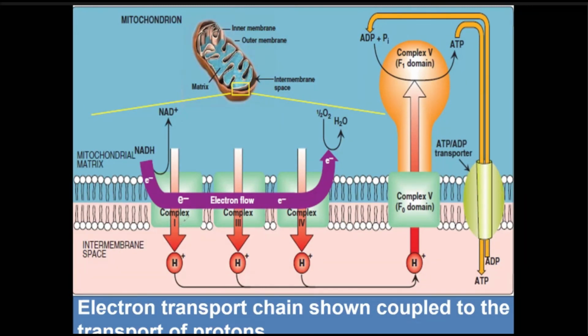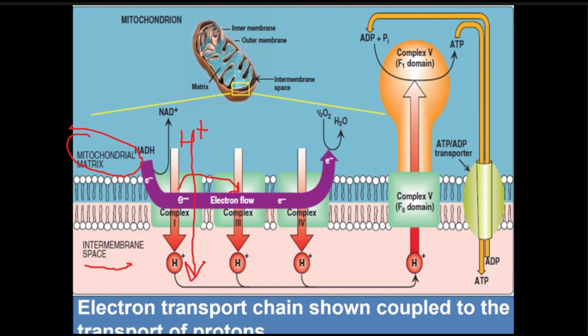you see, when the electron is moving from this place to this place, there is H plus that was here in the matrix, and it goes into the intermembrane space. So this question has been asked before.